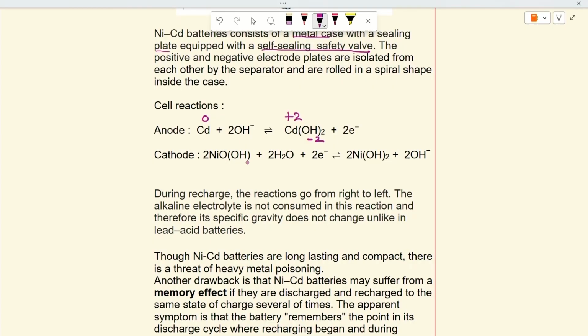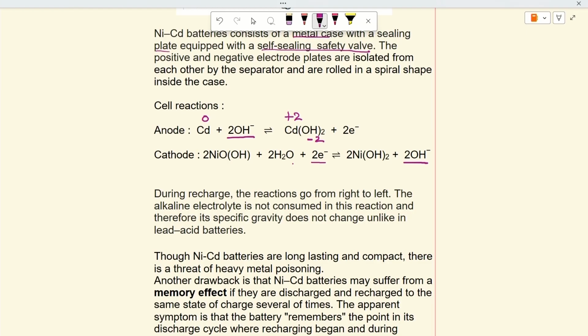At cathode, the nickel oxide hydroxide combines with 2 electrons in the presence of water to give nickel hydroxide, releasing hydroxyl ions. One point to be noted, here hydroxyl ions are consumed during the anodic reaction, while the same number of hydroxyl ions are released during the cathodic reaction.